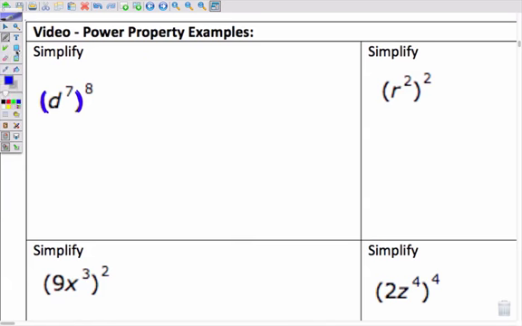But since d to the 7th is the thing that we are taking to the 8th, this means that we do d to the 7th times d to the 7th times d to the 7th, and we do d to the 7th 8 times. 1, 2, 3, 4, 5, 6, 7, 8. Okay? So we've expanded the 8.